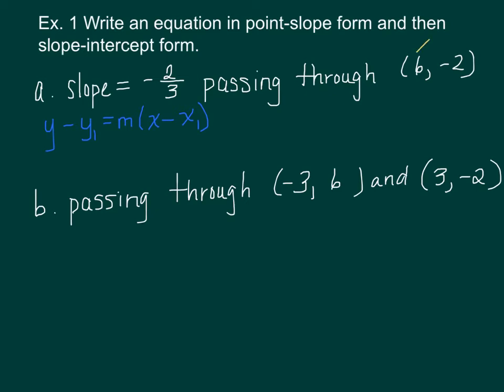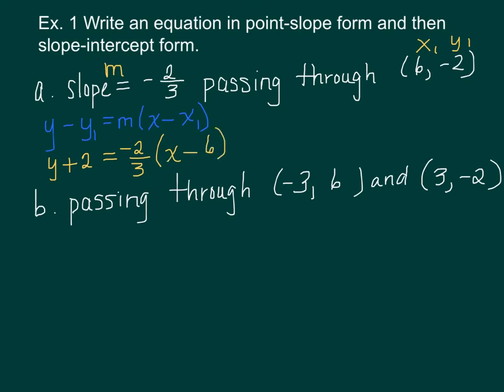Okay, we have our x1, we have our y1, and we have m. So we have everything we need. So you're just going to plug in the y1, which is -2, so that makes that +2, equals m, and then x minus your x1, which is 6.